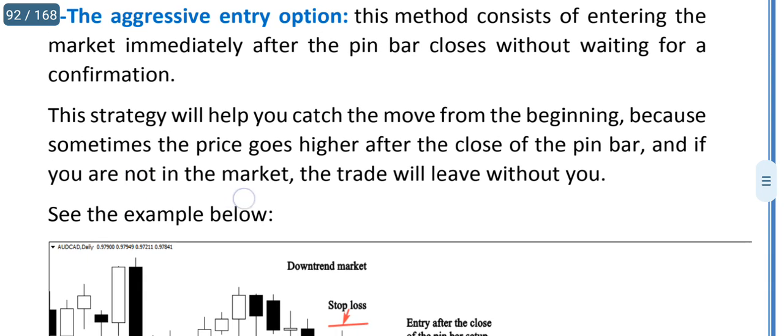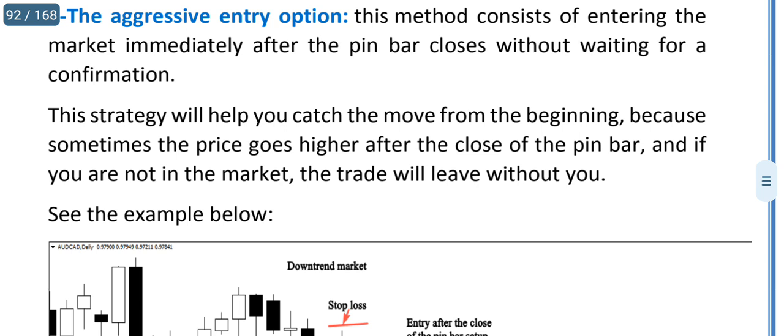As I have already told you, we have the aggressive entry point, and this method consists of entering the market immediately after the penny bar closes, without waiting for a confirmation.